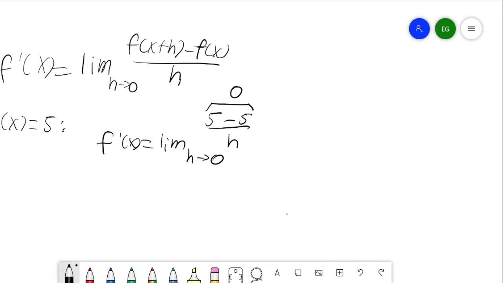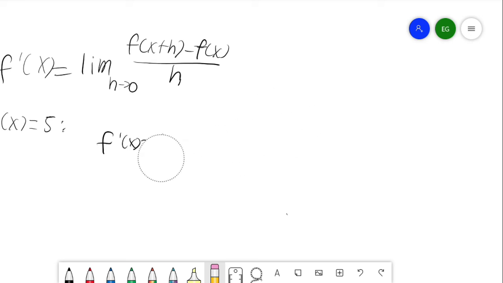And then the limit doesn't matter. 0 over anything is equal to 0. And then we don't need to take the limit of it anymore because we don't have any h left. So that is what we expect. The derivative of a constant function, for example, 5, will be 0. Let's look at another example.